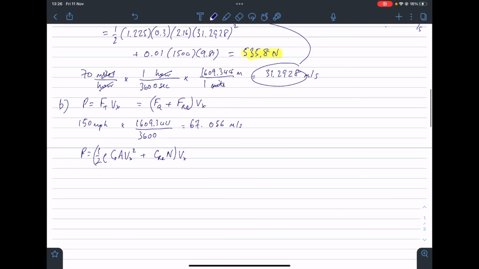And so we can plug in the numbers. 1/2 times 1.225 times CD, which is 0.3, A 2.16, V squared, so that's 67.056 squared, plus 0.01 times 1500 times 9.81, times Vx.